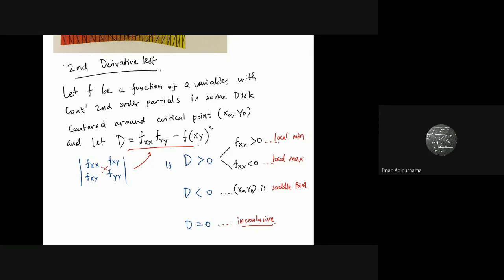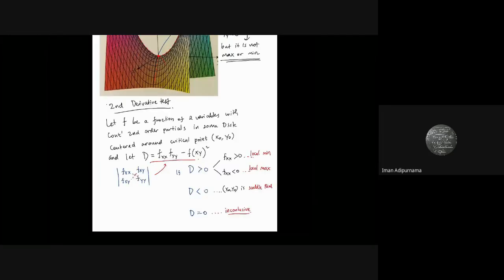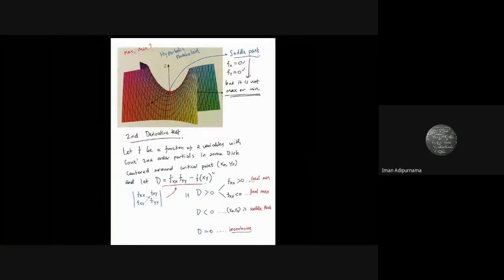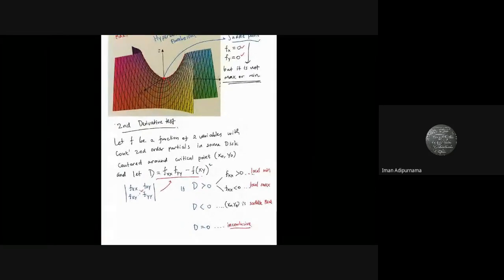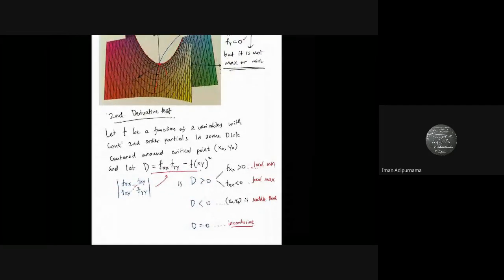But let's just continue first. Maybe at the end of this section I will explain. Any questions first? So at least now you can determine which is the local max, local minimum, or saddle point from the second derivatives in partials.